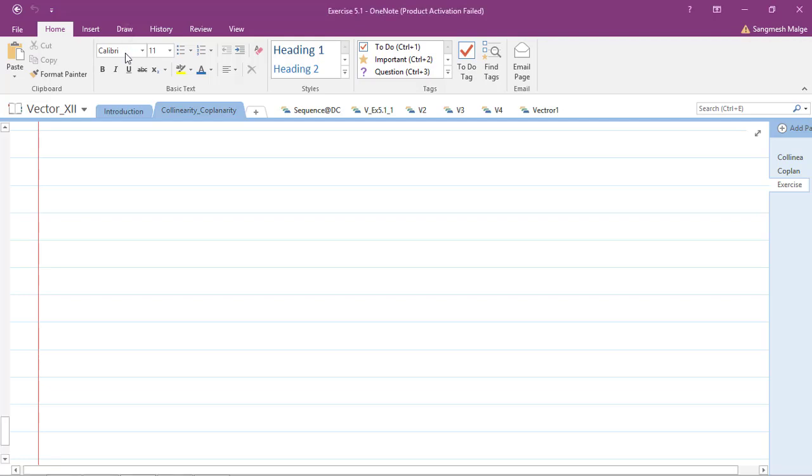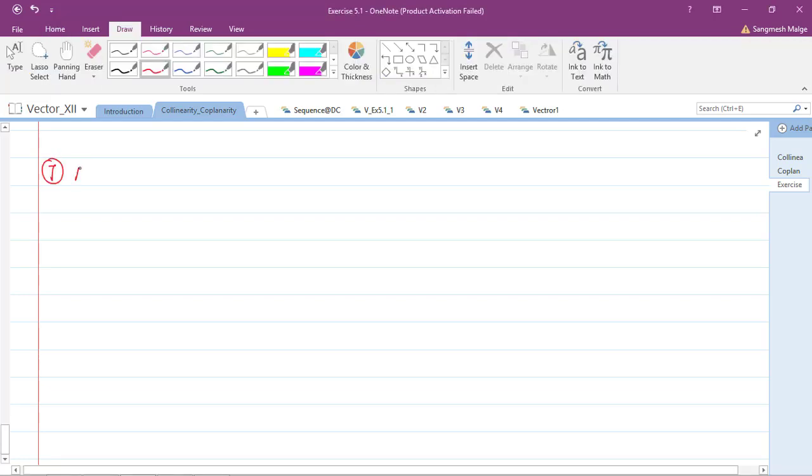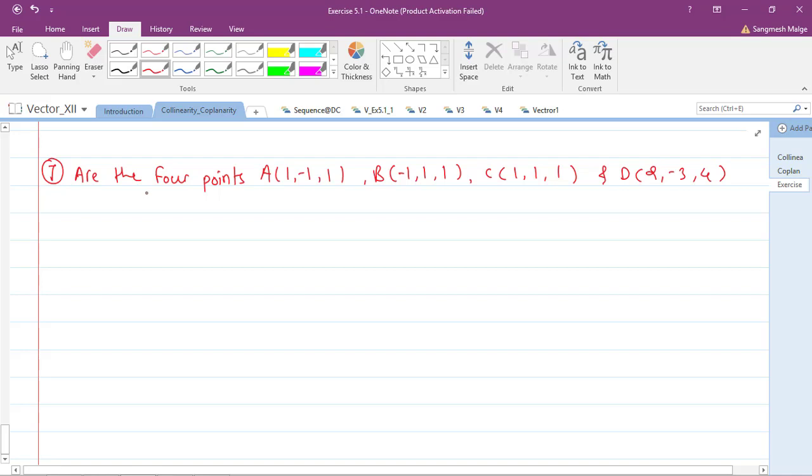The question number 7 is: are the 4 points A(1, -1, 1), B(-1, 1, 1), C(1, 1, 1) and D(2, -3, 4) coplanar?